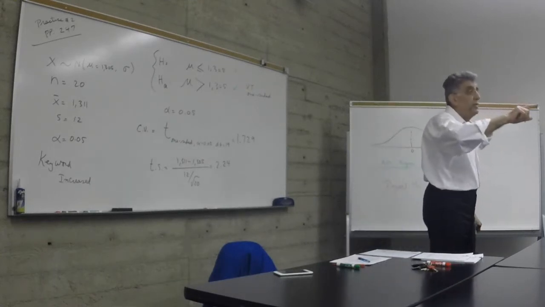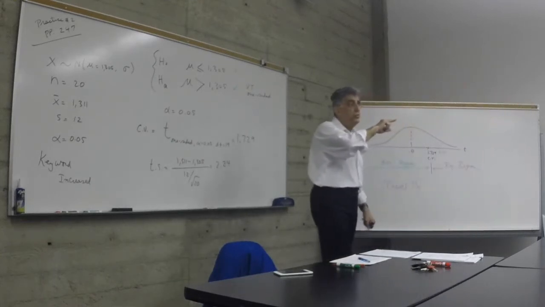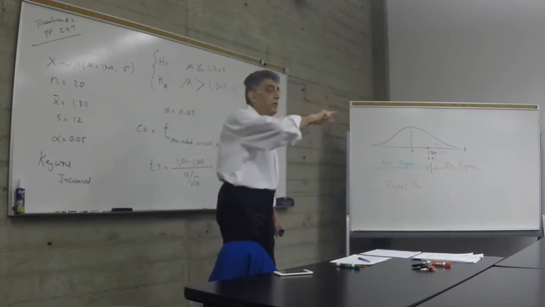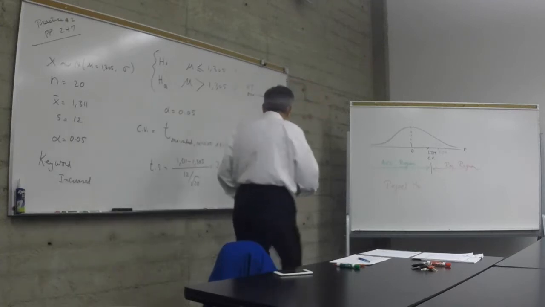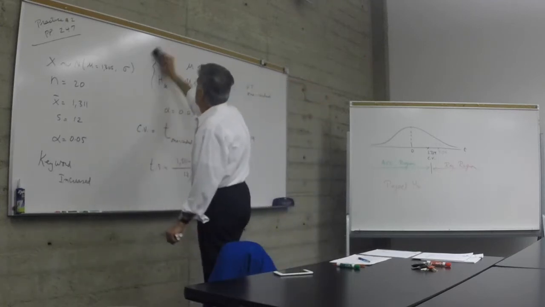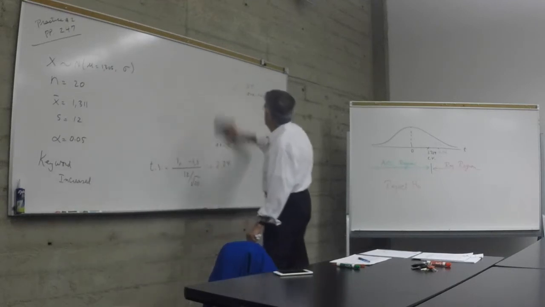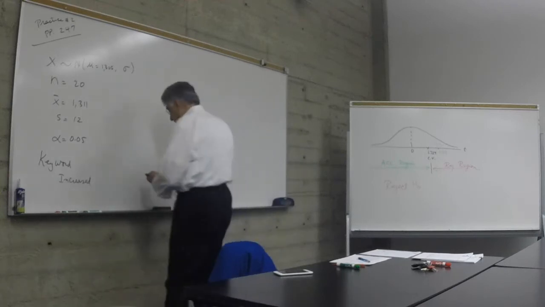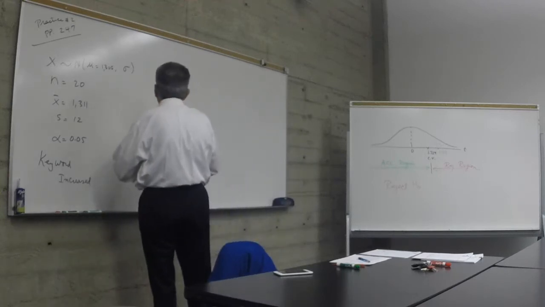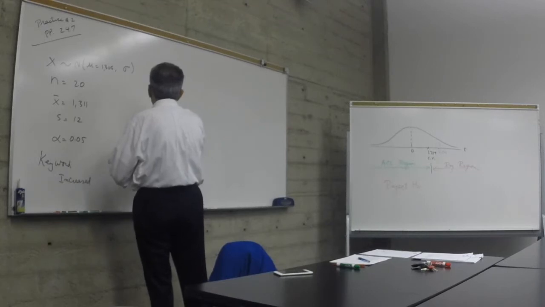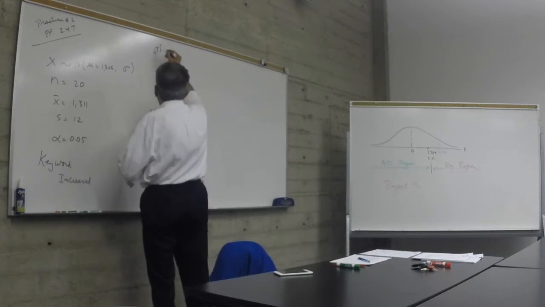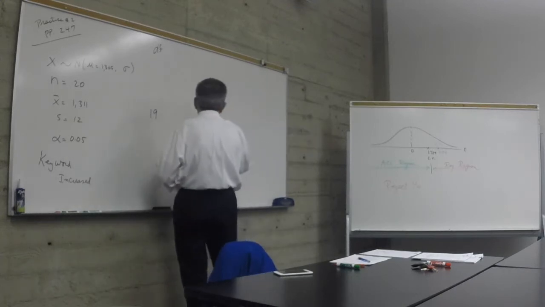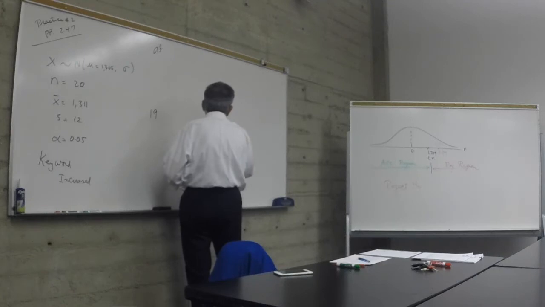For the p-value, what you do is you go to the T-table and concentrate on row 19, degrees of freedom 19, and then locate this test statistic, which is 2.24.